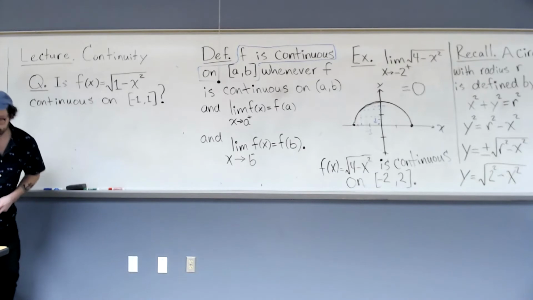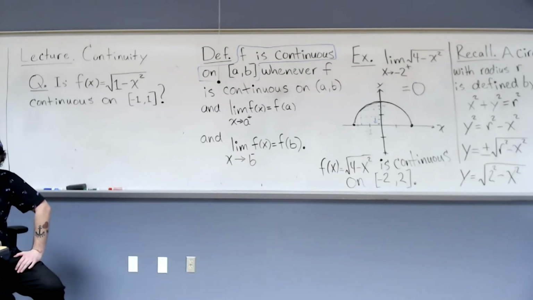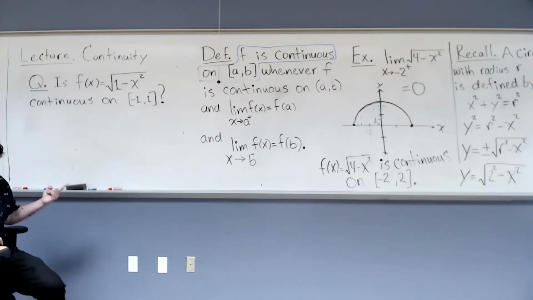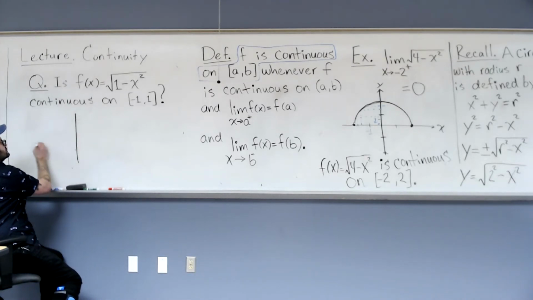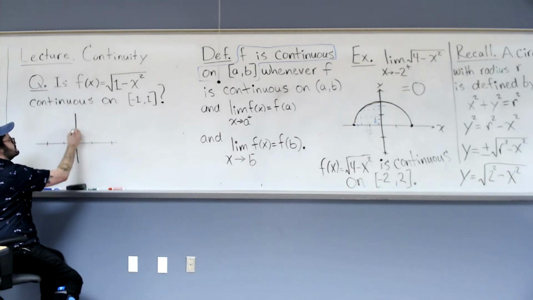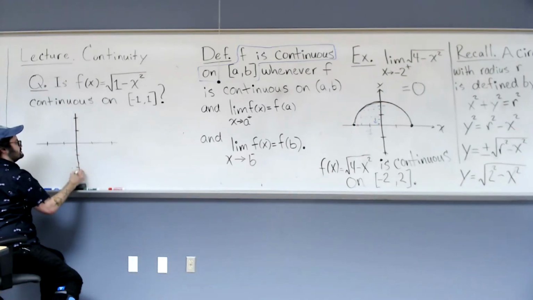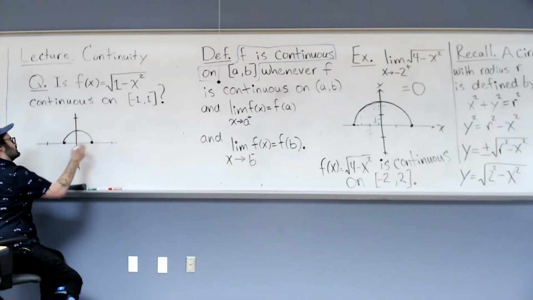That's similar, right? Does anyone know what the graph of this looks like? It's a half circle again. And what's the radius of it? Just 1, right? So this will look like this. And there's the graph of it.